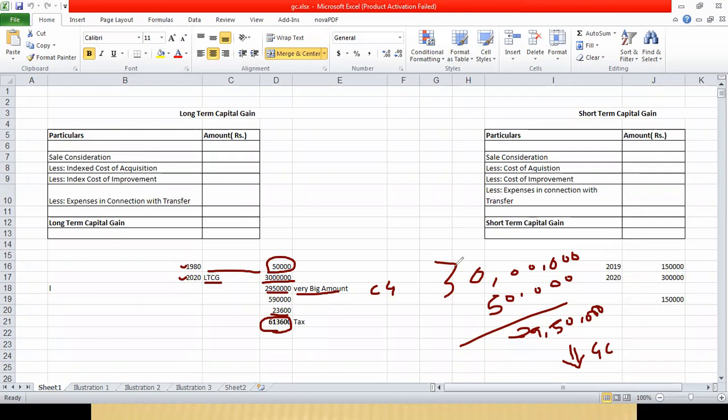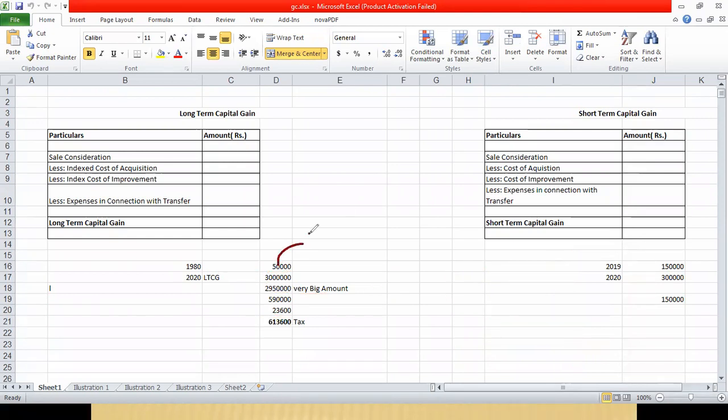Because cost of acquisition is very less in case of long term, the Income Tax Act says to do one thing: instead of 50,000, you increase this cost. Why increase? Because the date of purchase is 1980 and you are selling in 2020. You cannot compare both years now, because over the years there is an increase in cost.